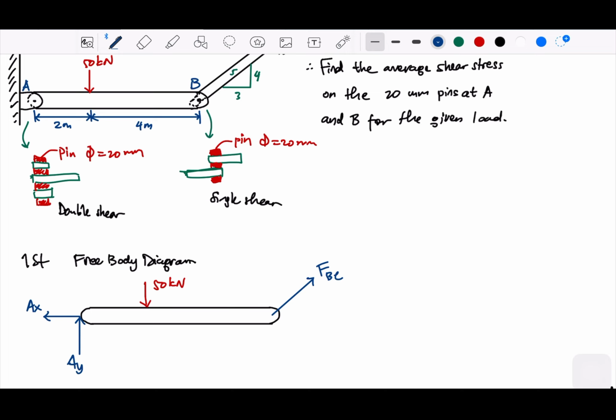So we have this component here: this is FBC, 4 over 5, and this one is 3 over 5. Okay, what's next?